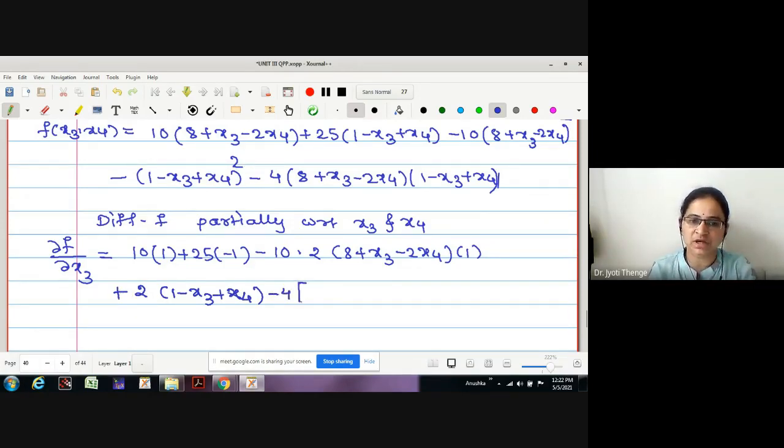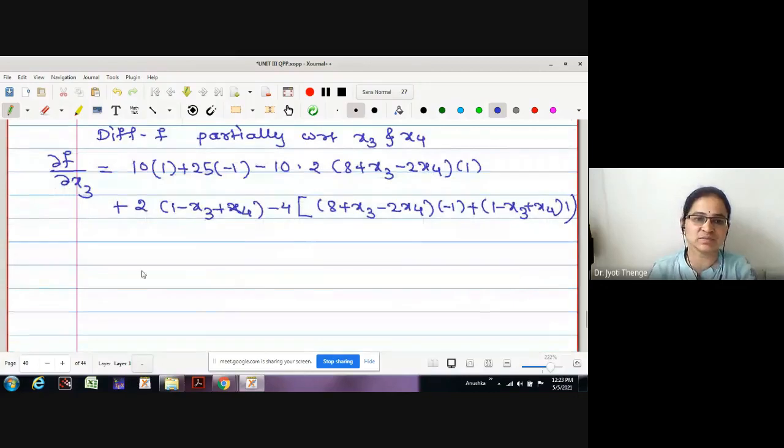Minus 4 times. Now here we have a product of two different brackets. Let us use the product rule. I will keep the first bracket as it is. Derivative of second is minus 1, plus, now I will keep the second as it is. What is the derivative of the first bracket? 1. Let us complete the bracket.